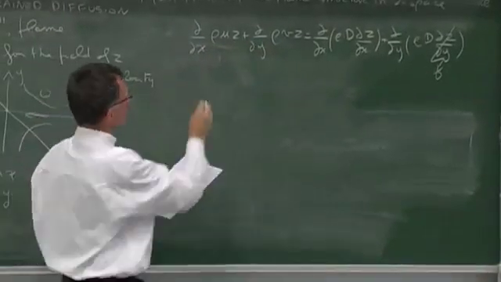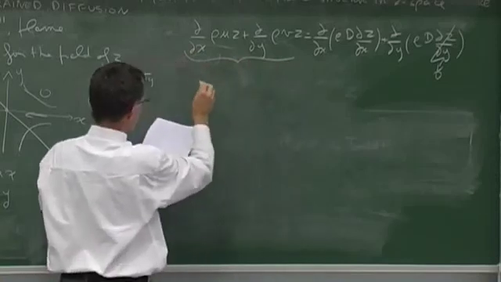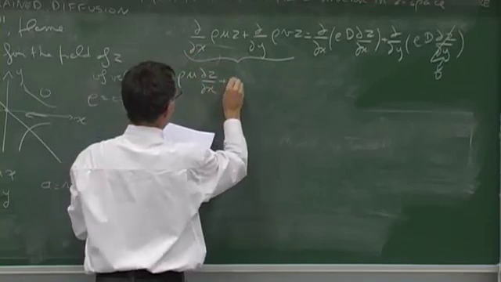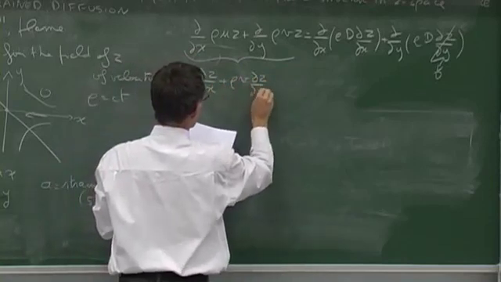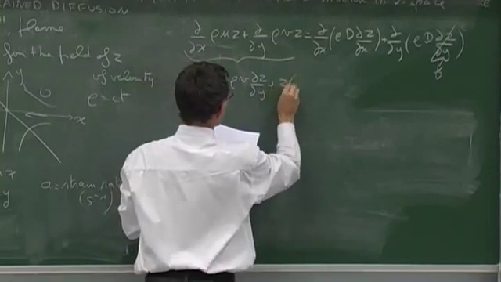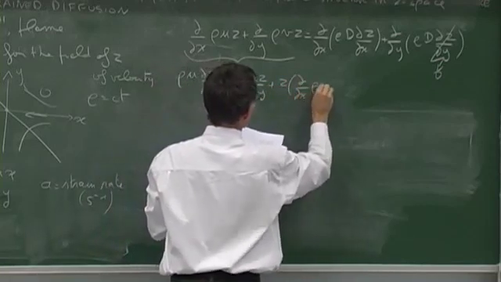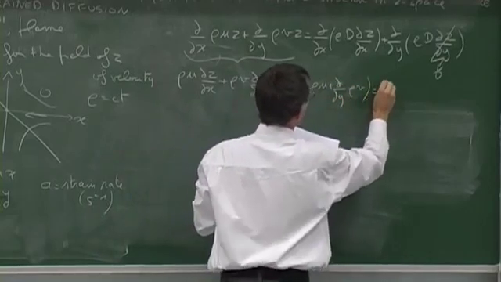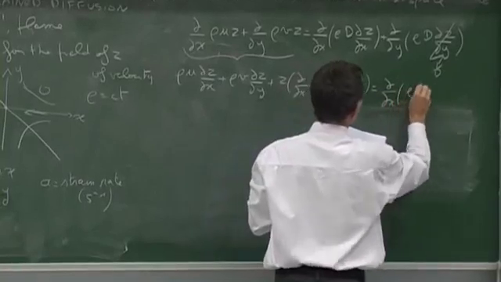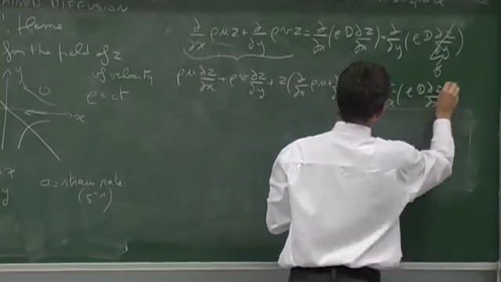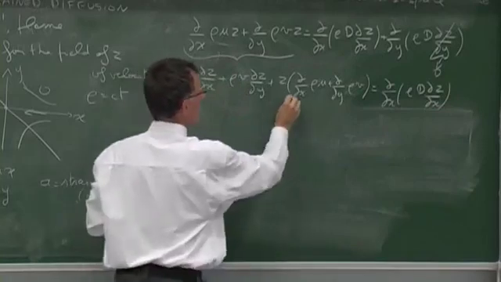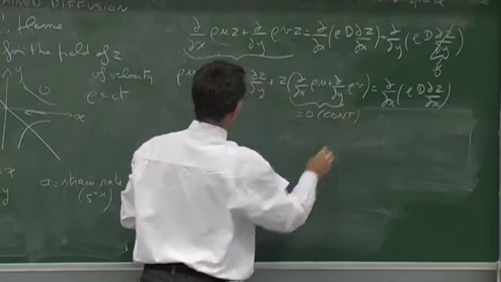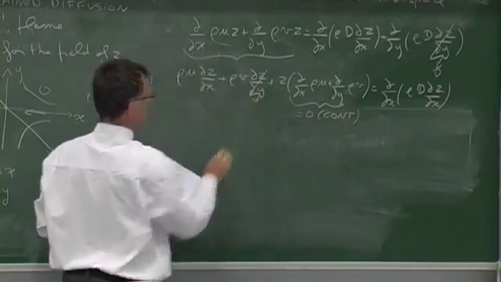So the way to do that is you combine these two terms here to write it as rho U dZ/dx plus rho V dZ/dy plus Z times d over dx of rho U plus d over dy of rho V equal d over dx of rho D dZ/dx. And this is 0 because of continuity. And this is 0 because Z does not depend on y.